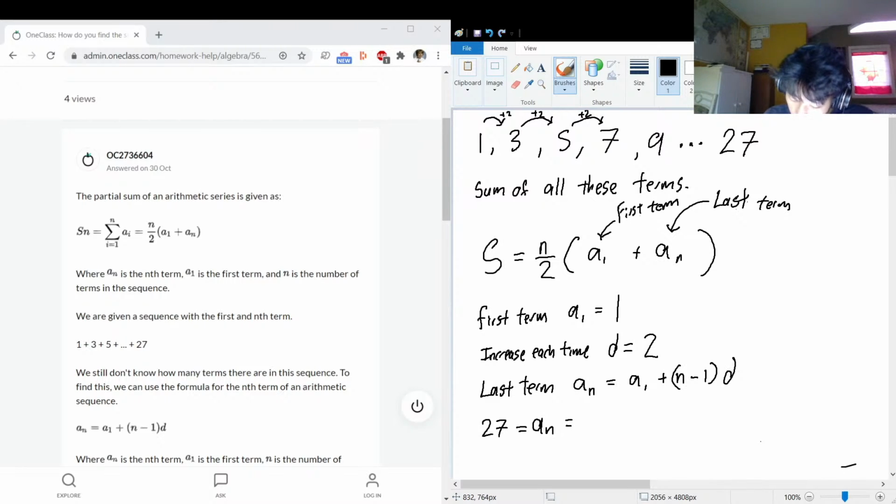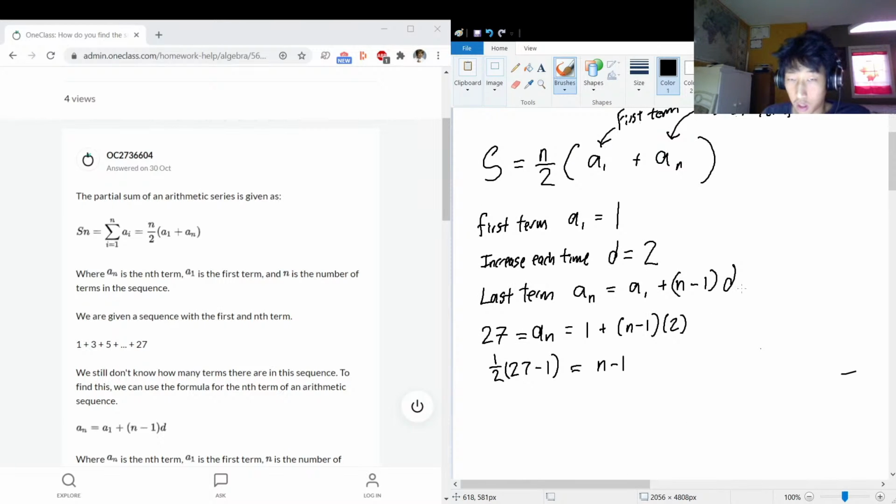So a1 is 1 plus n minus 1. We don't know that yet. We're trying to solve for n, and we know that d is 2. Okay, so 27 minus 1, all of that times 1 over 2 is equal to n minus 1.